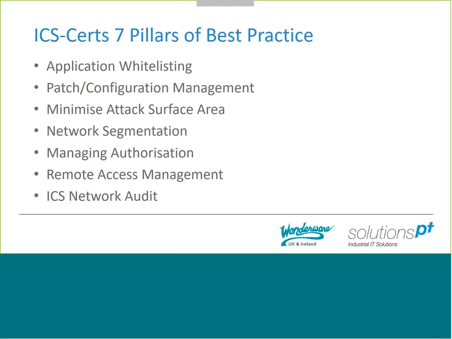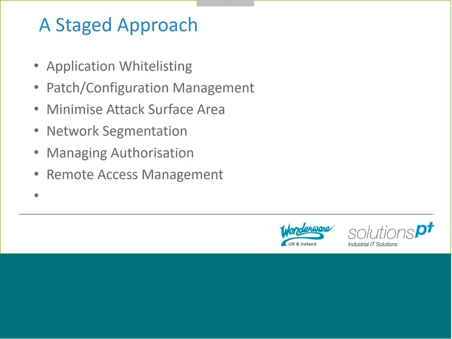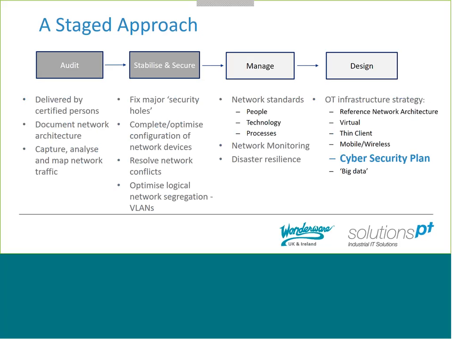But what the ICS have allowed us to do here is to apply a staged approach to cybersecurity. So what I mean by that is, if you look here on the far left-hand side, what we find is really useful for people is to first audit what we have. Let's see the lay of the land. Let's assess it. What's working, what's not working.